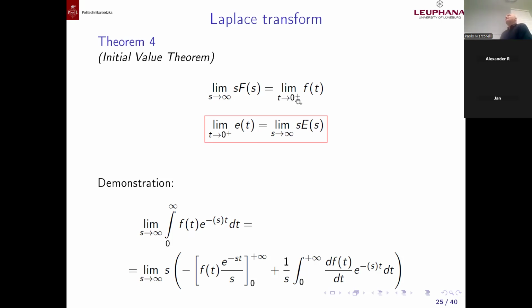We can understand from the right because in the Laplace we are considering just the right part of 0. Sometimes it could be useful to look at what happens at 0 plus. Remember, we have seen a little bit 0 plus and 0 minus.